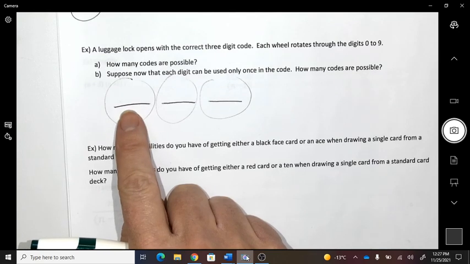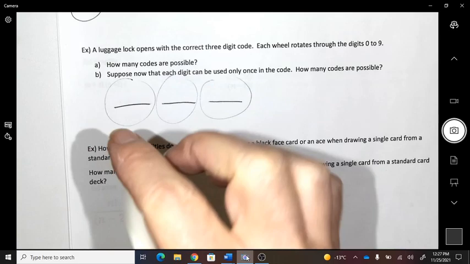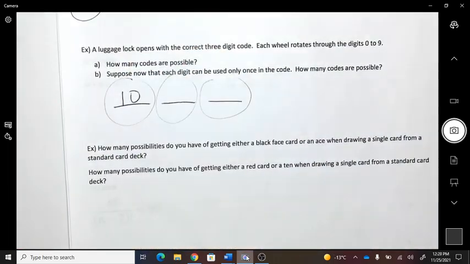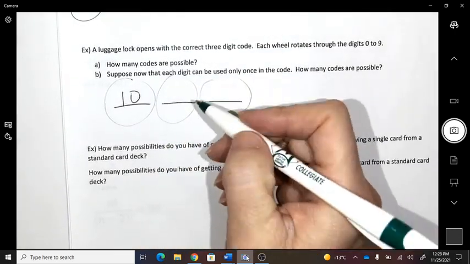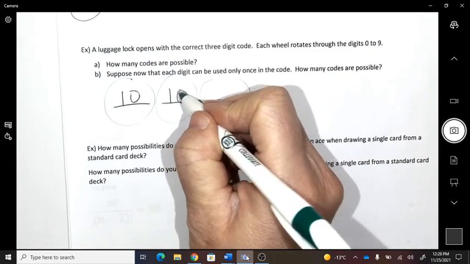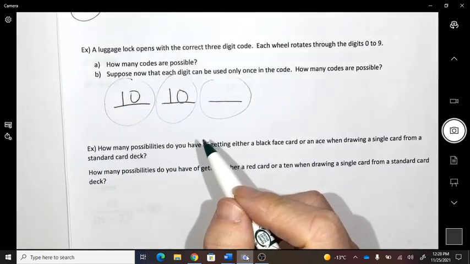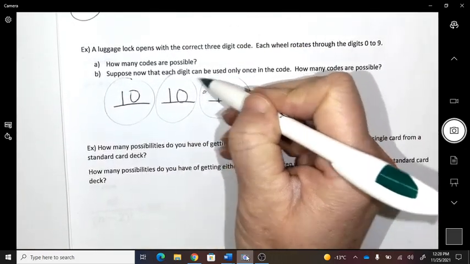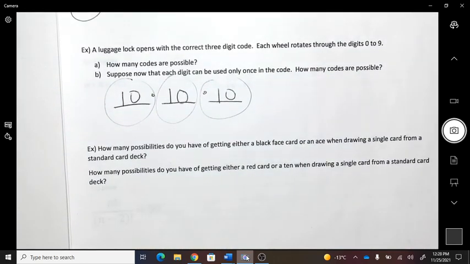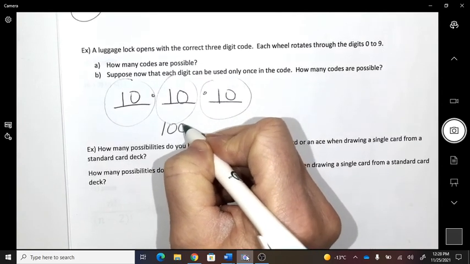How many options do I have? 10. From 0 to 9, that's 10. How many options do I have in this spot? Also 10, because I could pick any digit 0 to 9. And in this digit spot, I could pick 10 different options. So I times, and that makes 1,000.